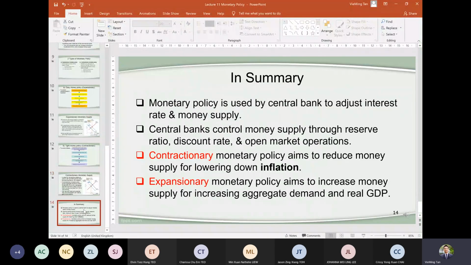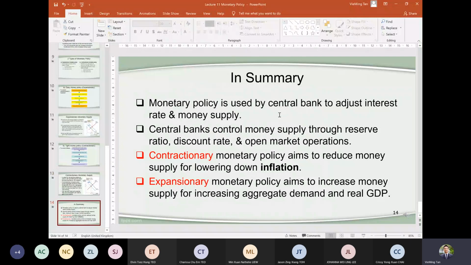So in short, what have we learned today? We already learned that the government can use monetary policy to adjust the money supply in an economy. This will affect the interest rate offered by the commercial bank to the private sector.